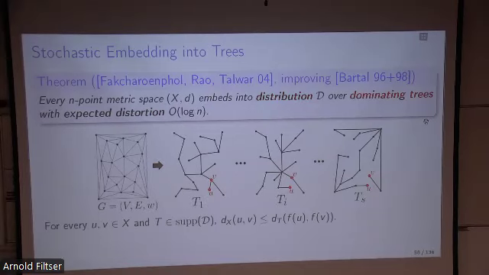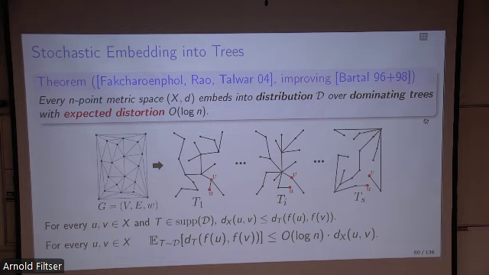Now, all these trees are dominating in the sense that in no tree can any distance decrease. So in any tree, and for every pair of points, the distance in the tree will be at least as large as the original distance. And the final requirement is that the expected distortion is log n. So if you fix a pair of points, u and v, and you take the expectation over the distance between them when you sample a tree from this distribution, then the expected distance will be at most log n times larger than the original distance.